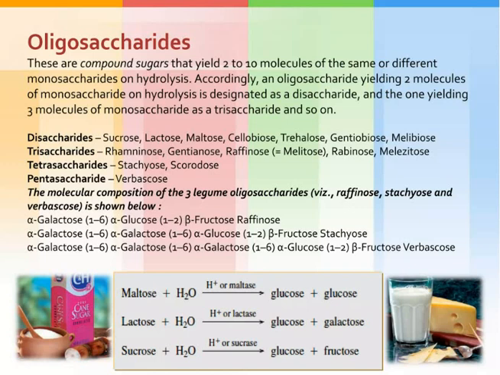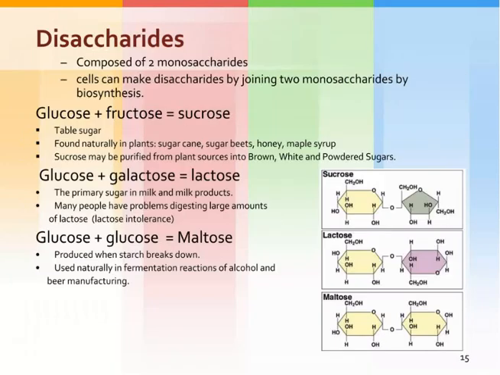Trisaccharide, tetrasaccharide, pentasaccharide, and the molecular composition of the oligosaccharides raffinose, stachyose and verbascose is shown, you can see here. So maltose on hydrolysis gives glucose. Lactose on hydrolysis gives glucose, galactose. Sucrose on hydrolysis gives glucose and fructose.